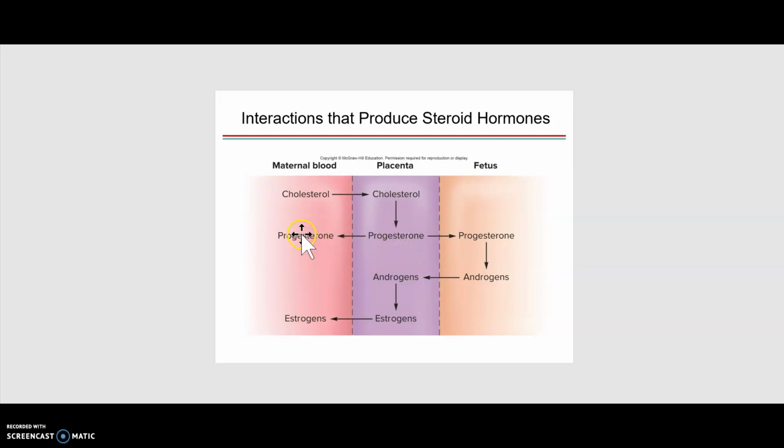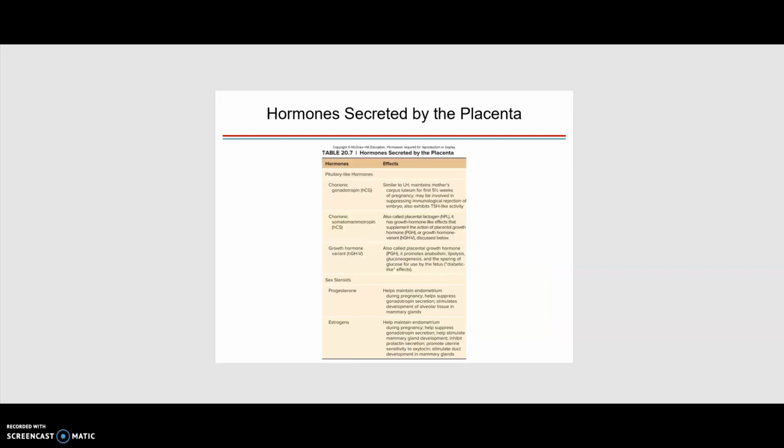Some progesterone will go back to the mother, but some progesterone will go into the fetus, and progesterone can be converted to androgens, because the enzyme is there to do that. Then androgen can diffuse back into the placenta, then androgens can form estrogen. Okay, so here are some of the hormones again.